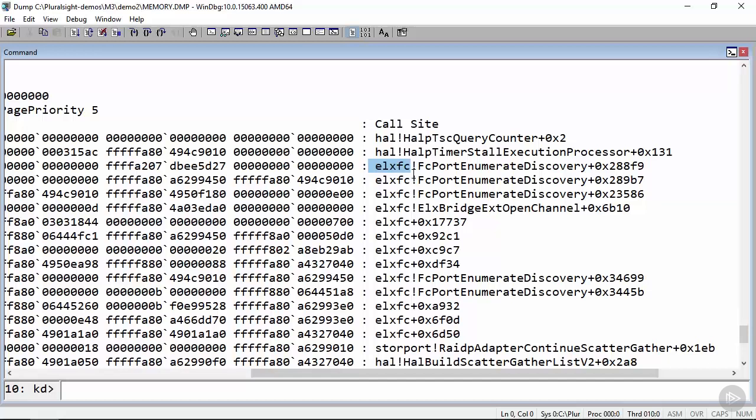And so essentially it was a cascading effect caused by this Emulex ELX FC driver. Now, one thing I want to mention is that anytime you upgrade a mini port driver like the ELX FC, you want to also update the store port driver. That's because the ELX FC driver is dependent on store port, and we want to upgrade those drivers in tandem.